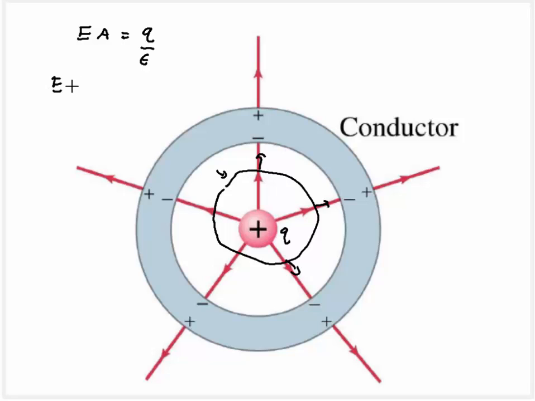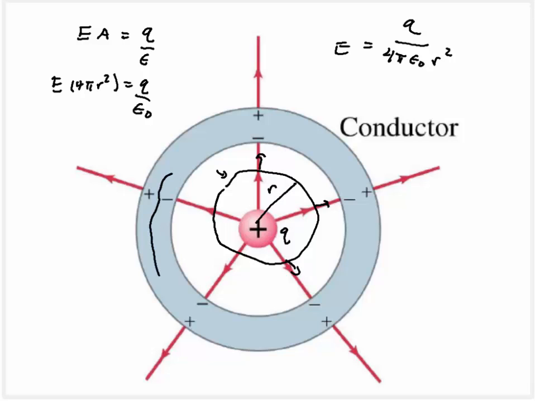So the electric field multiplied by 4 pi r squared is equal to the charge enclosed divided by the permeability of free space. You can rearrange this to say that the electric field is equal to Q divided by 4 pi epsilon naught radius squared, where the radius is simply the radius of my sphere.